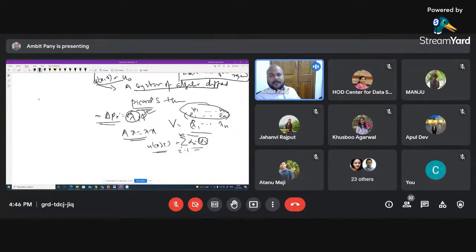Once I adopt this, replacing this u(x,t) by these values, I can get a system of equations, and this system of equations is nothing else but d/dt of alpha_i plus lambda_i alpha_i equal to f.